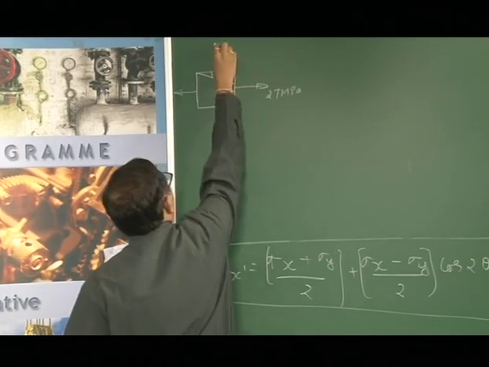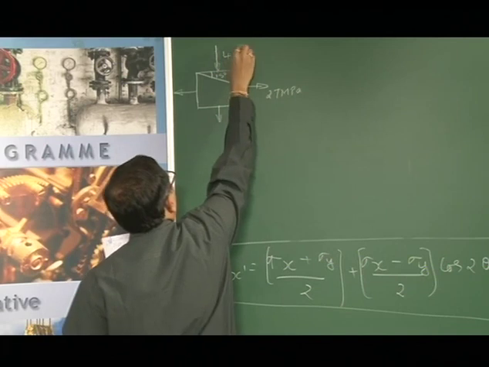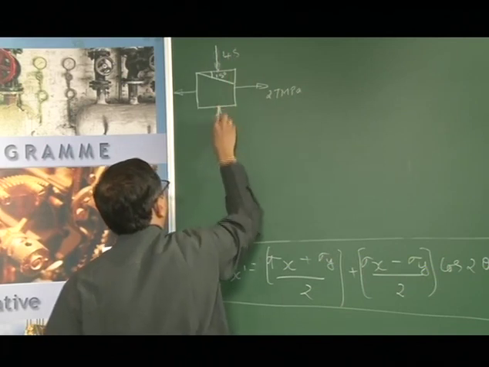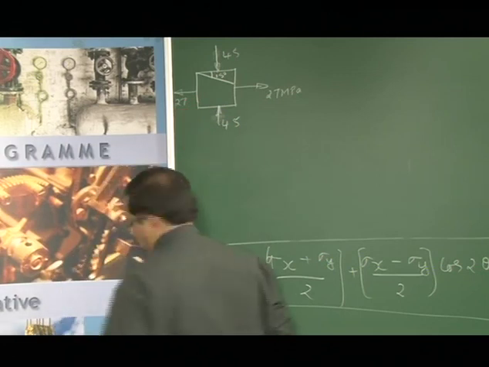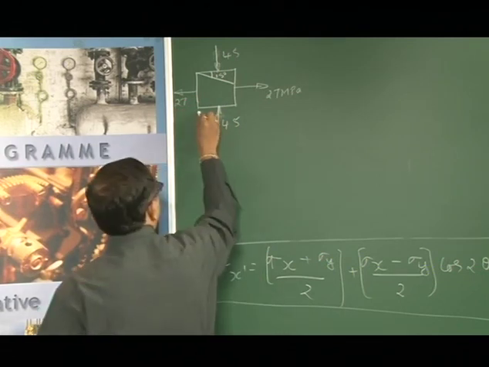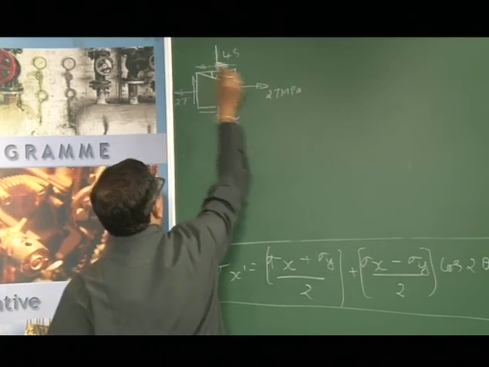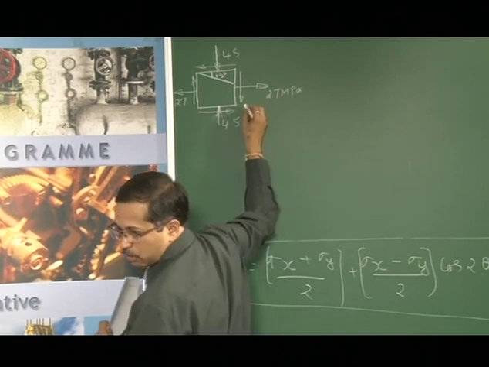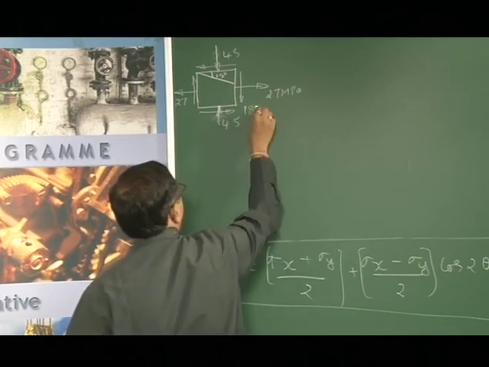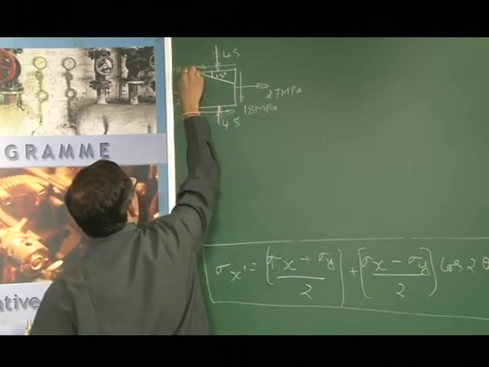This is compressive, sorry about that, this is 45, this is also 45, this is 27. Then we have the stress which is acting like this, which is equal to 18 megapascal. This is also 18 MPa.